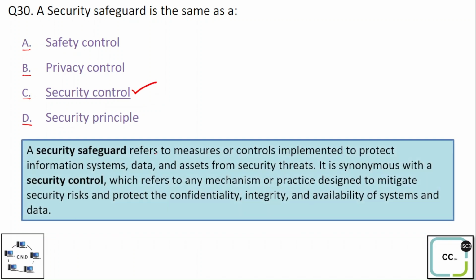So a security safeguard refers to measures or controls implemented to protect information systems, data, and assets from security threats. It is synonymous with a security control, which refers to any mechanism or practice designed to mitigate security risks and protect the confidentiality, integrity, and availability of systems and data.